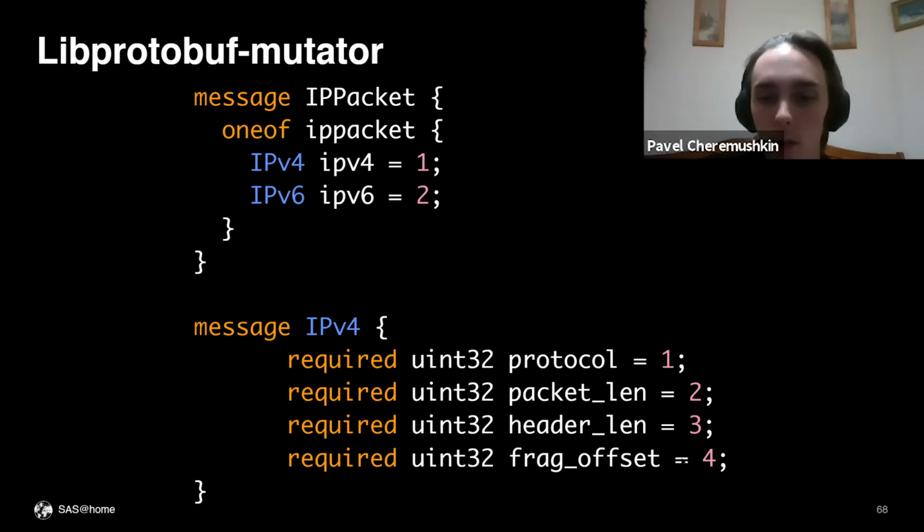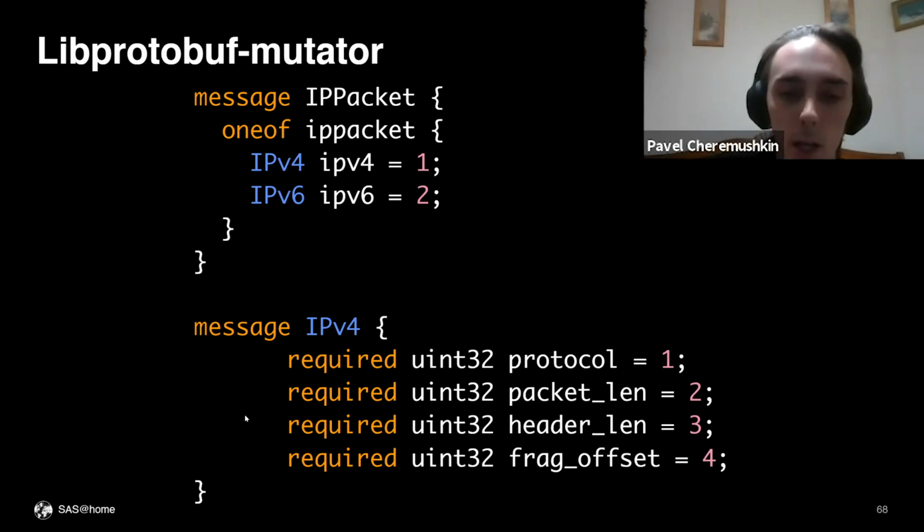But the reason why you use it here is that you want to fuzz the fragment offset field, or maybe you want to fuzz packet length or header length, and you would tell the fuzzer that it is an unknown value, but it's required in your packet, and it is some integer that you want to fuzz.